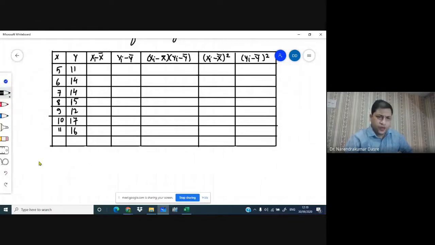So from the above table, first I want to know what is X bar, so I should know what is the sum. Here we can write the summation.